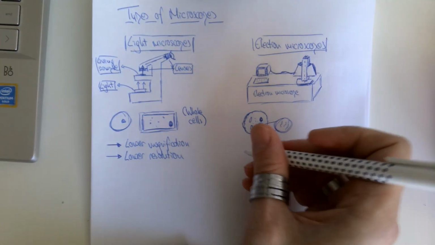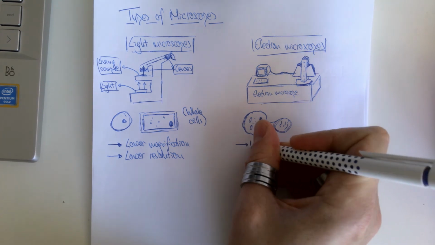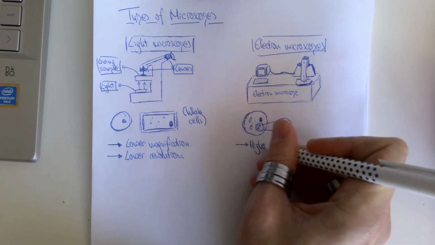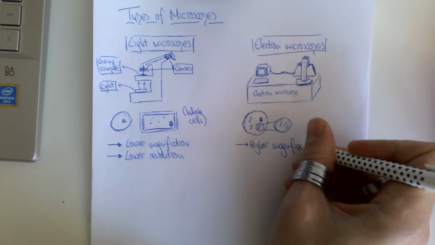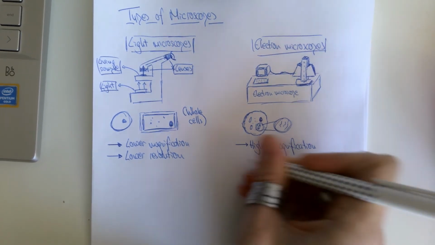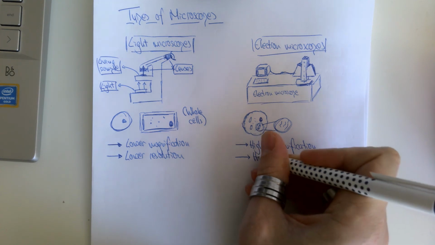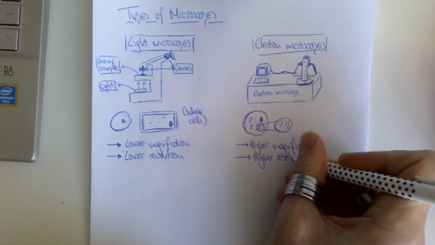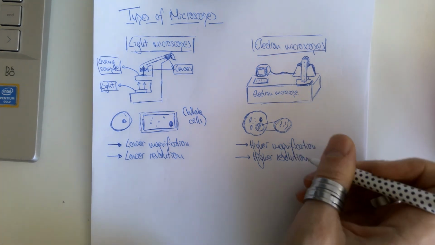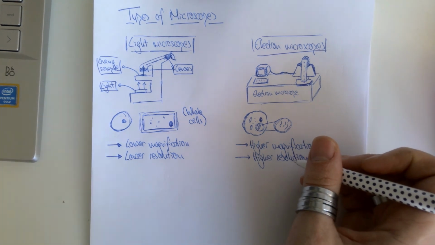Whereas in electron microscopes, because they have a higher magnification and a higher resolution, it means you can see images that are magnified to a greater degree and in more detail.